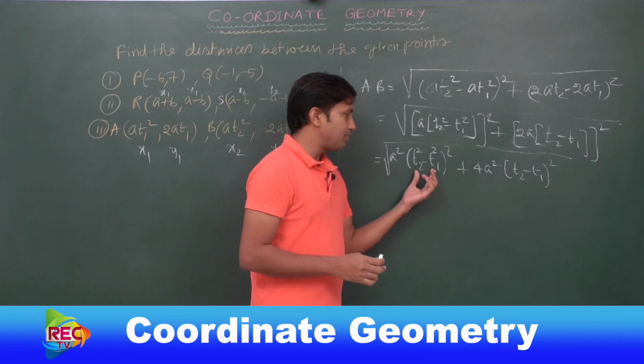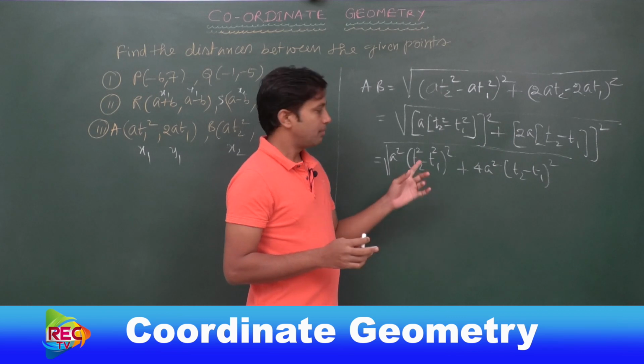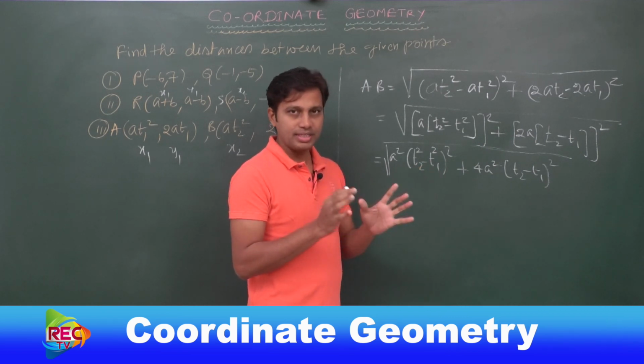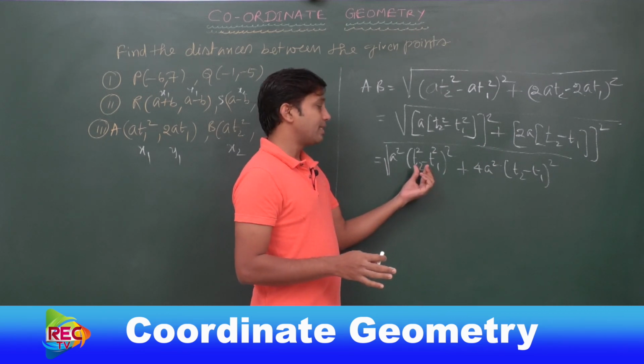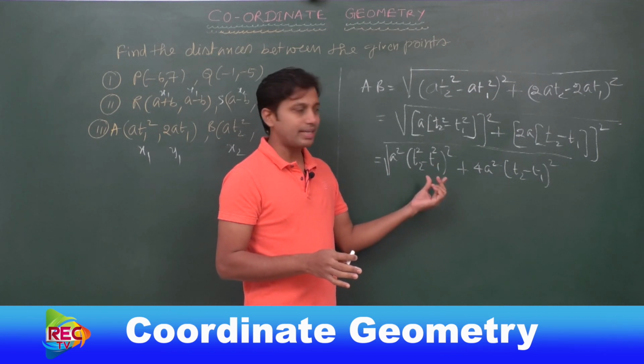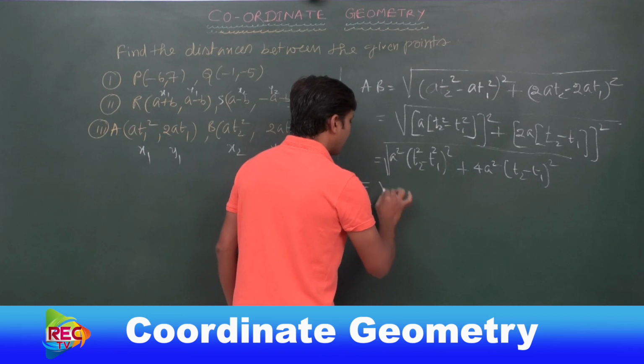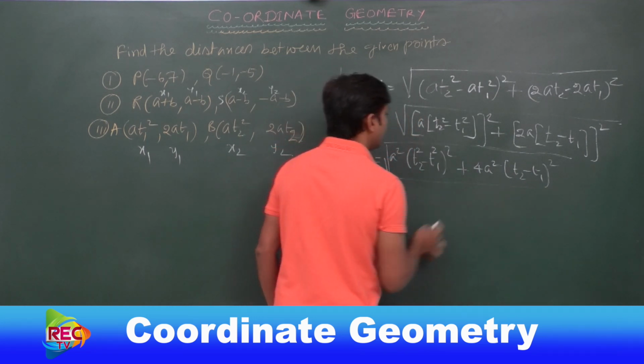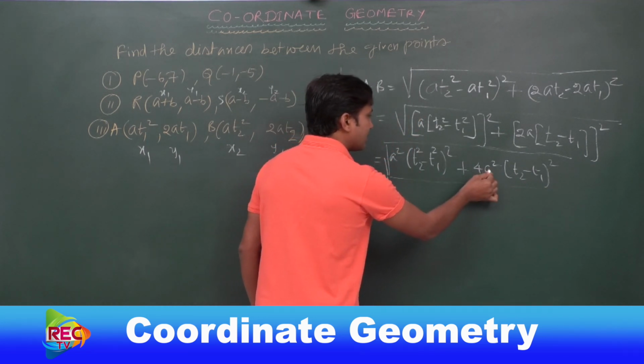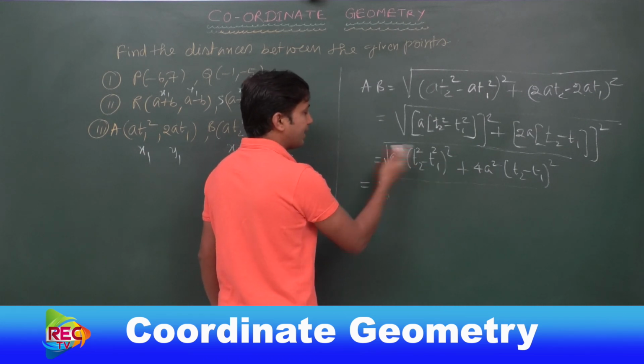So what is a plus b here? t2 plus t1, because t2 is a and t1 is b, and we can write t2 minus t1 into t2 plus t1. Okay, just do. Write it inside the square root. Now this a square can be further taken outside.